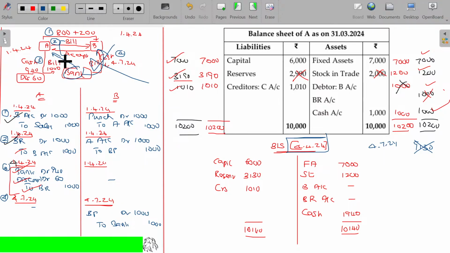Automatically the banker will come to A, sir, give me the money. Now what happens? I thought 9,130 is the real worth of the company. I paid 9,130 on 4/7/2024, and only then I came to know, oh my God, this fellow has not paid. So it's my responsibility to pay one more 1,000. Then if I pay 1,000 rupees from this, I'm actually a loser.